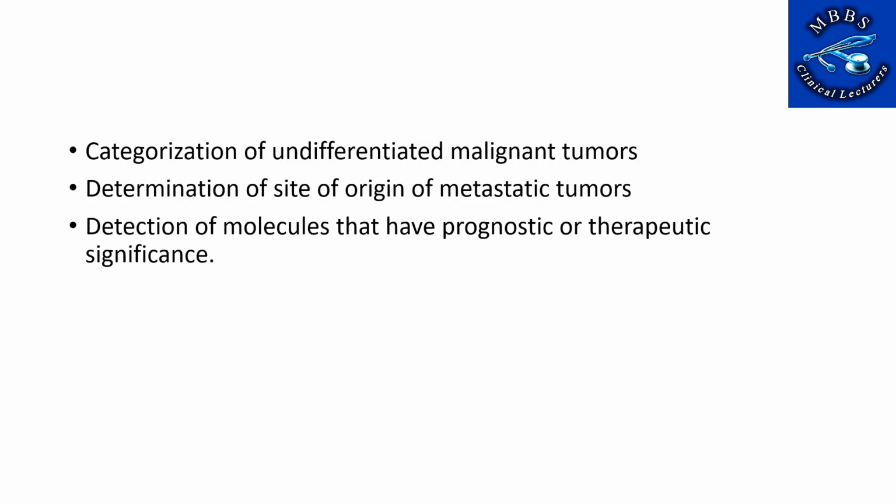This technique is usually used for the categorization of undifferentiated malignant tumors and to determine the site of origin of the metastatic tumor, or to detect the molecules that have prognostic or therapeutic significance. For example, ER, PR or HER2 expressions are used in the malignant tumors of breast cancer.